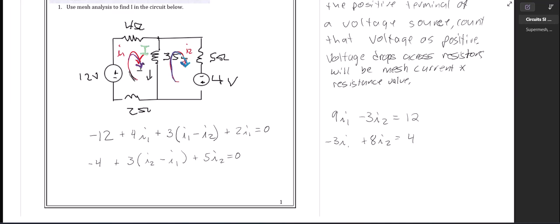And then I can divide this top equation by 3, and I get 3I1 minus I2 equals 4. And then if I add these two together, I get 7I2 equals 8, or I2 equals 8/7 amps.